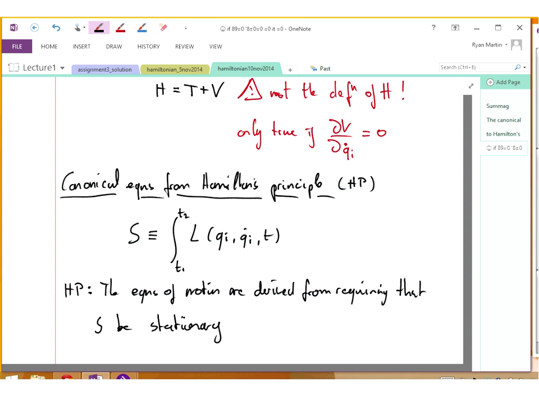And so we saw that if L is indeed the Lagrangian, then the requirement that S be stationary leads to the Euler-Lagrange equations, and we saw that those were the correct equations of motion. They reduce, for example, to Newton's second law.